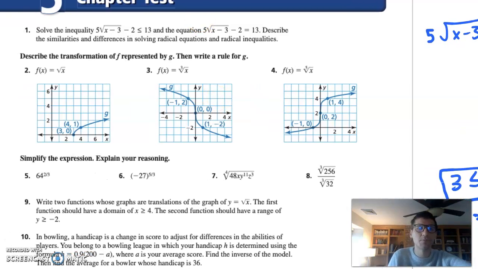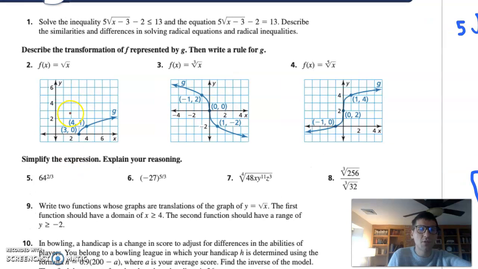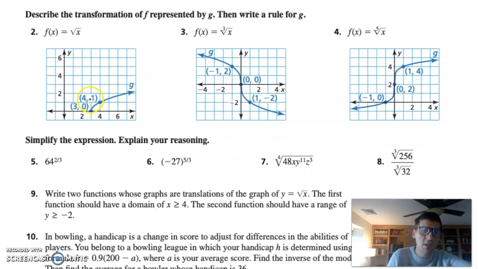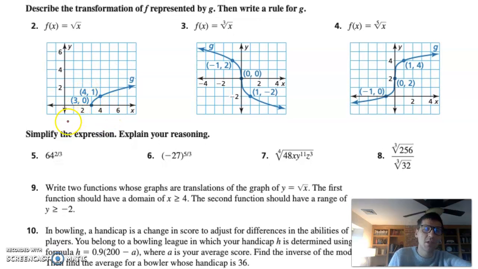So that's number one. Number two here, so describe the transformation. Well, you see, this is a good hint for stretches or shrinks. If the square root, right, the square root of 1 is 1. So we see that it doesn't seem to be stretched or shrunk, because if you go over 1 and up 1 from this, I guess sort of the vertex, I don't know if we're allowed to call it that, but it looks as though this is simply a translation, right, 1, 2, 3 units.